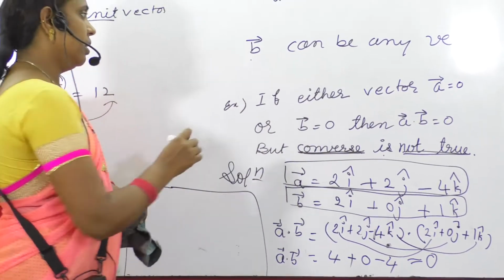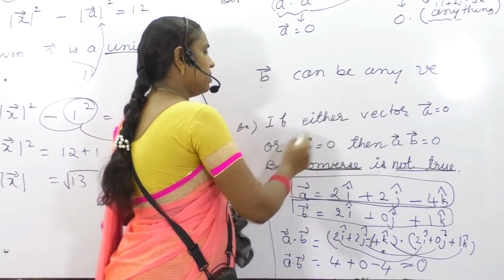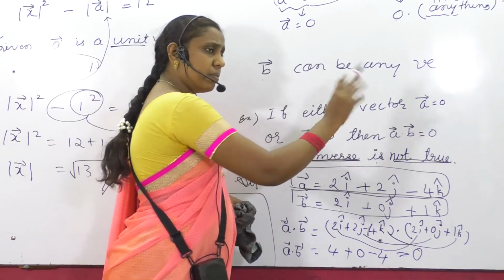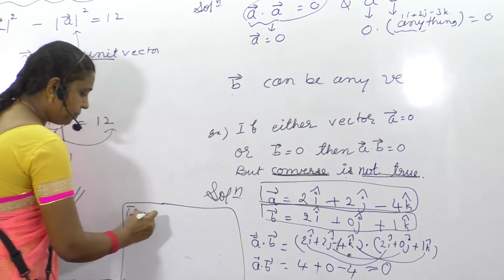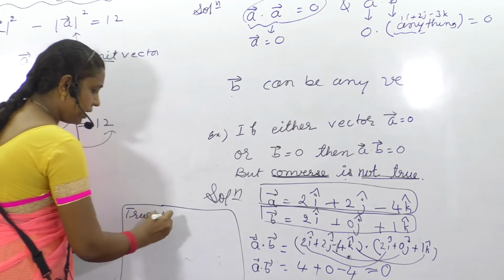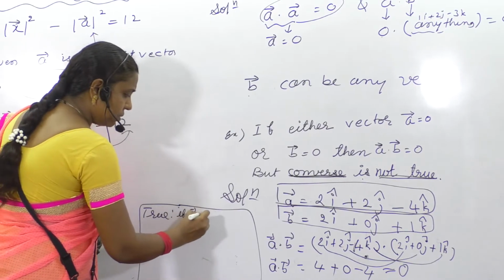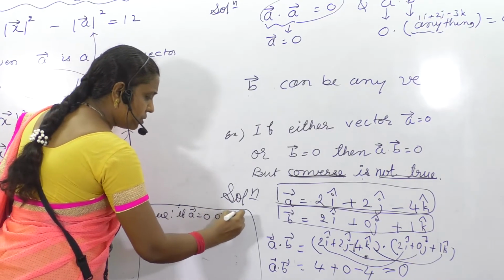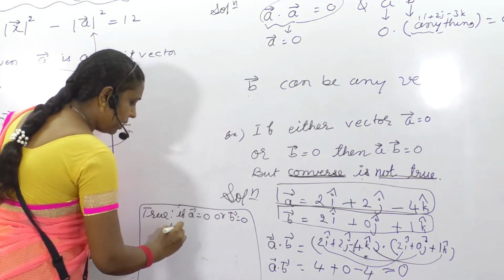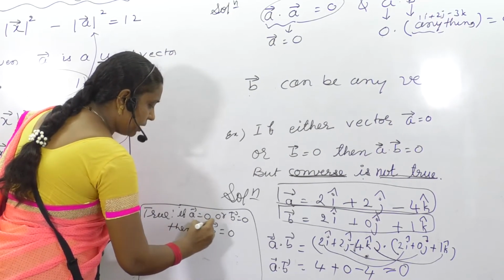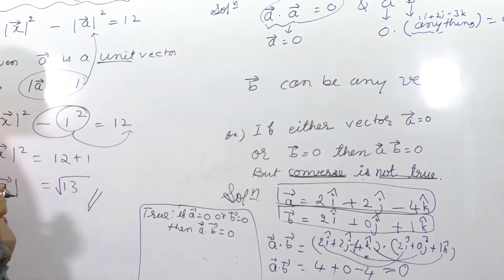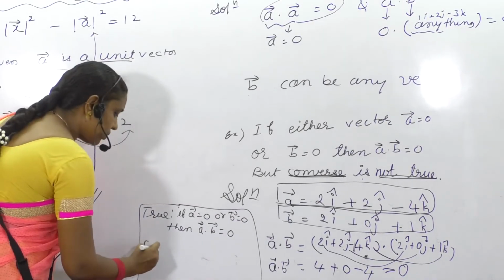Which is true? If A equal to 0 or B equal to 0, then A dot B equal to 0 it will be. But the converse is not true.